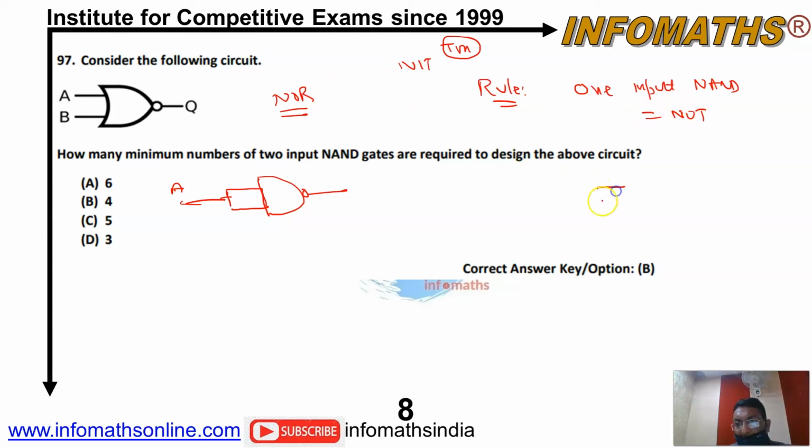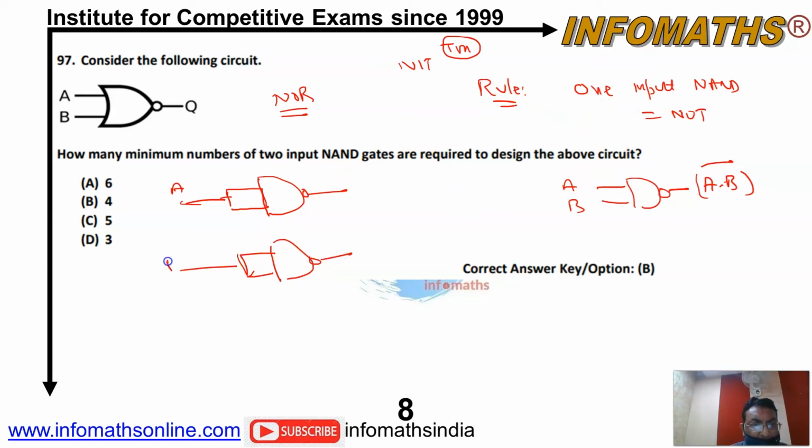For a two input NAND gate, A into B gives A into B complement. You have to remember these two rules. Now take another input, the B input. Here we will get A dash, here we will get B dash. Why? Because both inputs are the same and it is considered as one input. And in a one input NAND gate, if we enter A, it will be A bar, and if we enter B, it will be B bar.